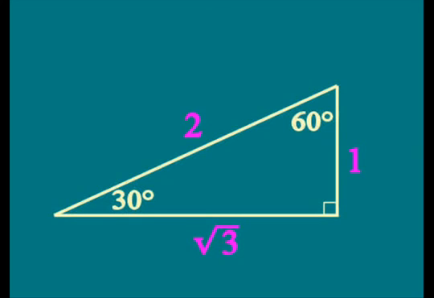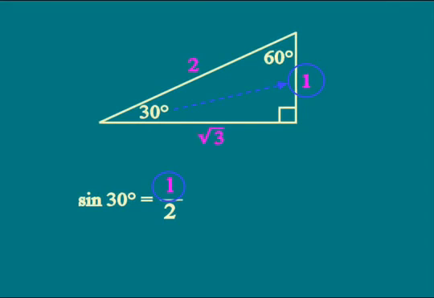Let's find sine of 30 degrees. Sine is opposite over hypotenuse. The opposite side of 30 degrees is 1. The hypotenuse is 2. So sine of 30 degrees equals 1/2.